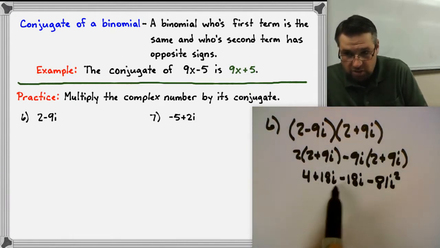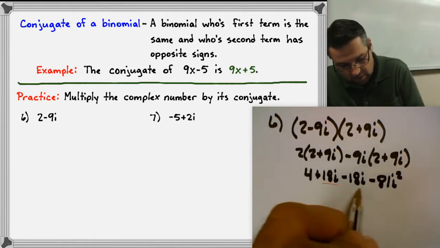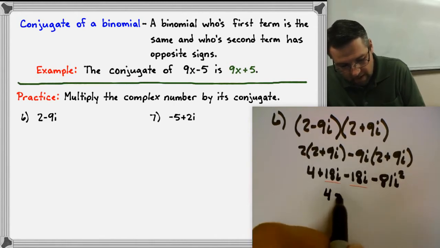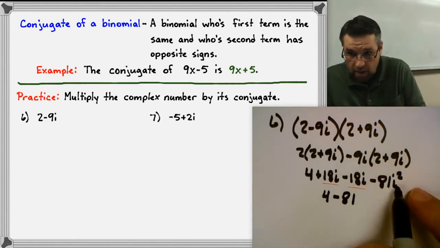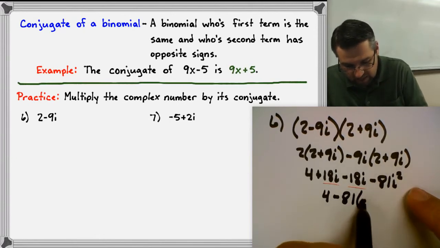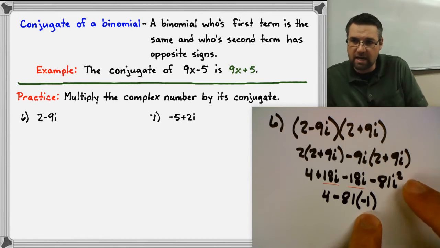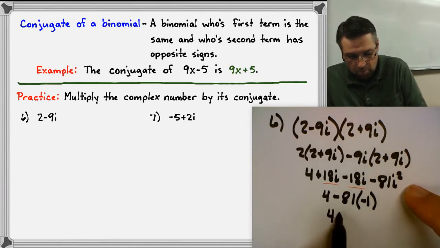Combining like terms, you can see that the 18i and the negative 18i are going to cancel each other out. We're left with 4, and then minus 81, and then I'm going to skip a step here. I squared we can replace with negative 1. I want to see that you recognize that i squared is negative 1. Now we'll simplify from here. We get 4 plus 81, which is 85.